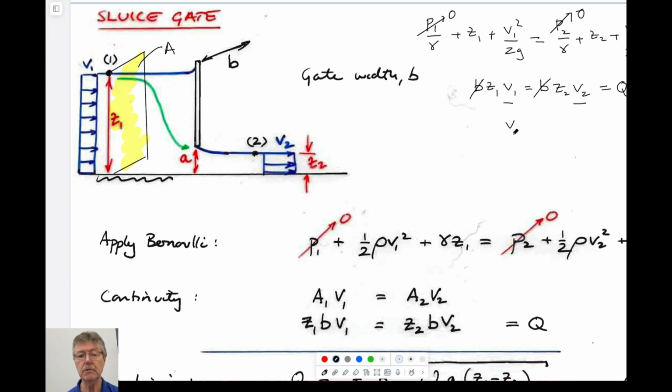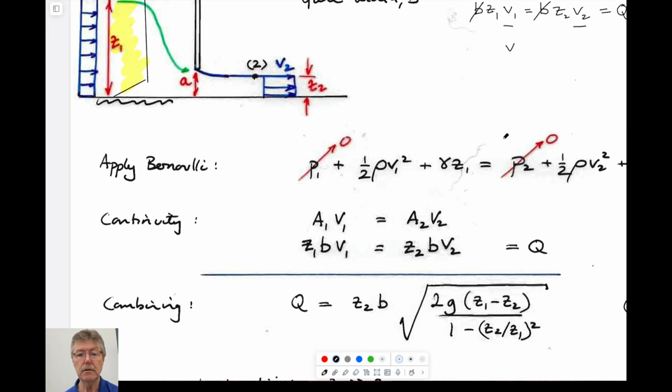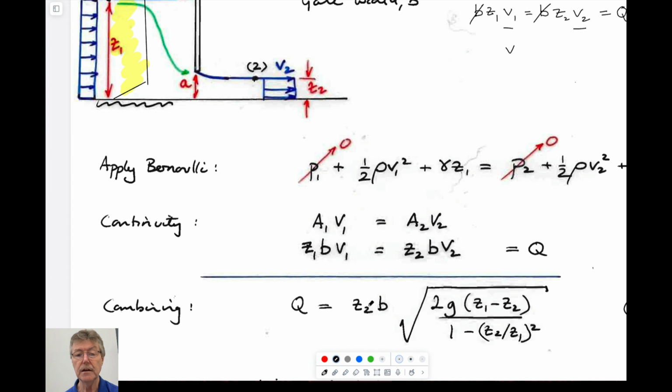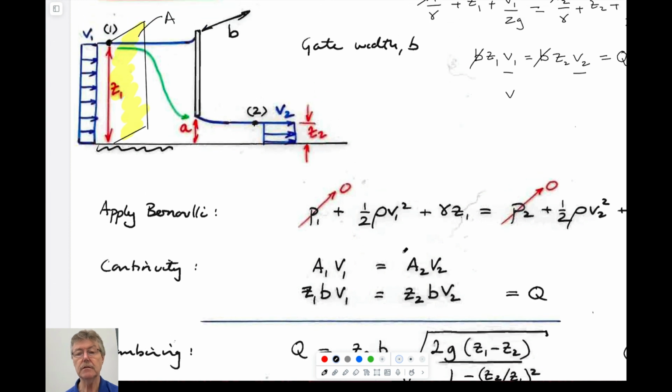So it'd be V2, right? This must be V2. So this must be V2 is equal to V1 Z1 over Z2, that's all.